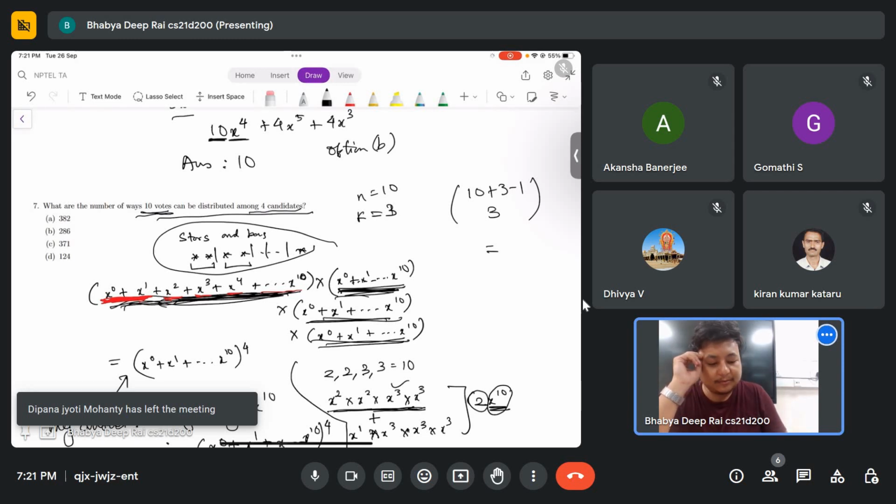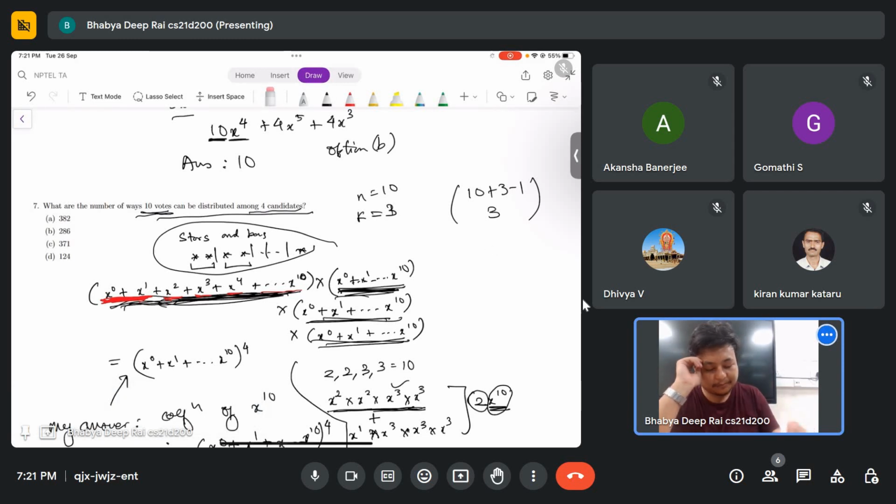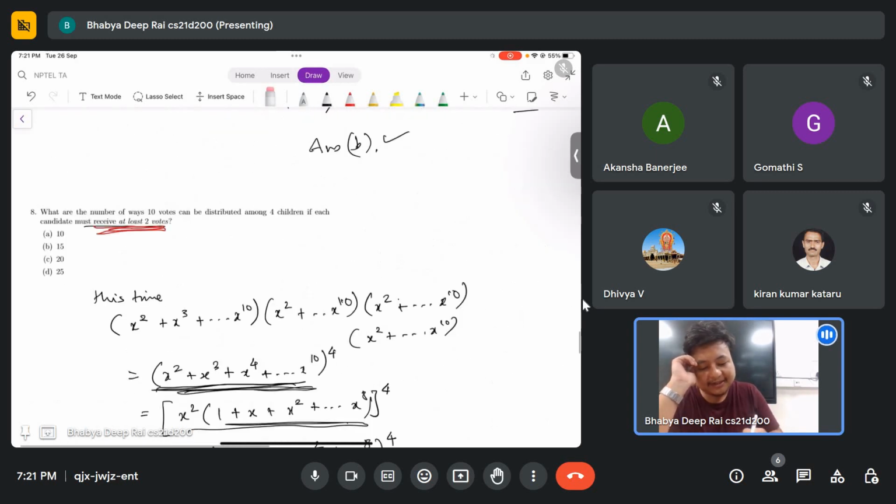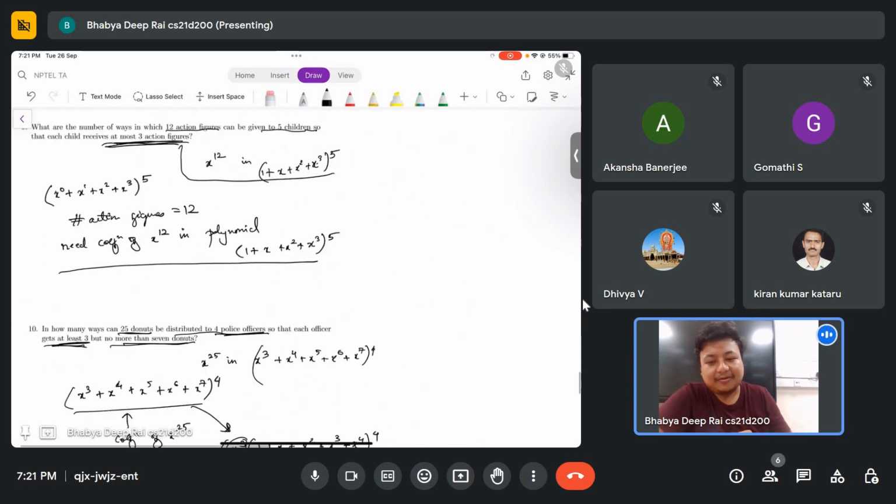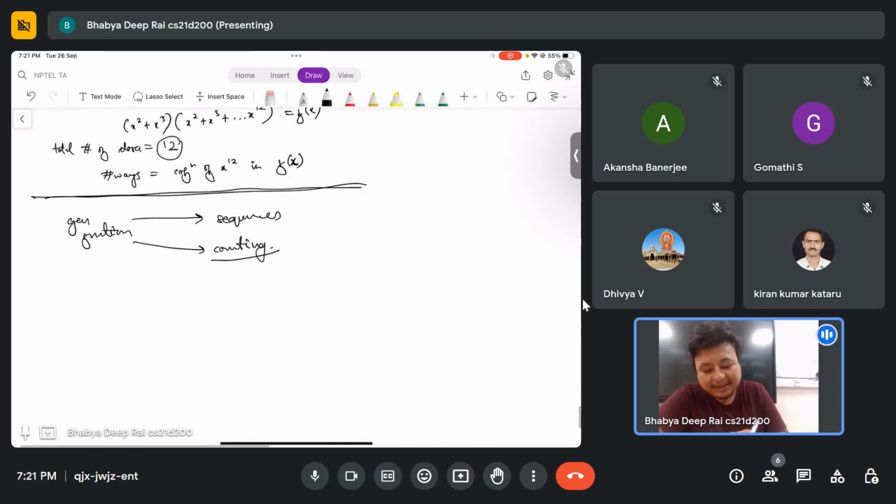But of course, if I have something like receive at least 2 votes, then I cannot use this technique. So I hope you appreciate the application of generating functions.